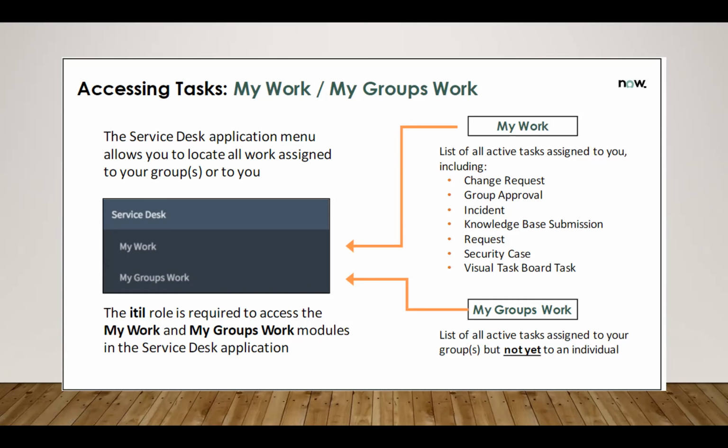All the tasks assigned to that particular user. Exactly. But when you went to My Group, it shows all the incidents assigned to the group the user belongs to. Exactly, but not yet assigned to an individual. Okay. It's very simple but important to understand.